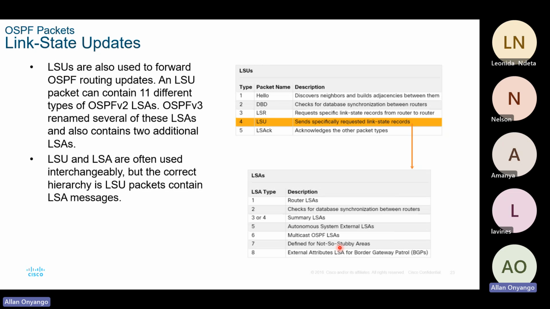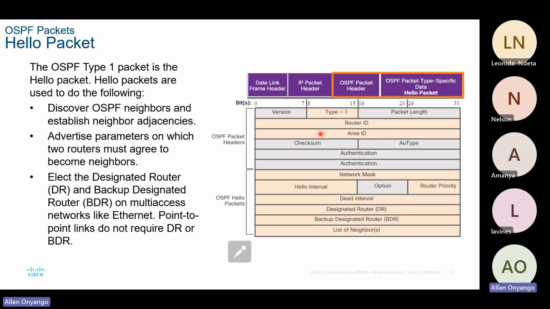Some of these, again, you will study in CCNP, much more widely. But for this particular study, I want us to talk about Hello first. We'll also talk about the link state updates, but let's start with Hello.